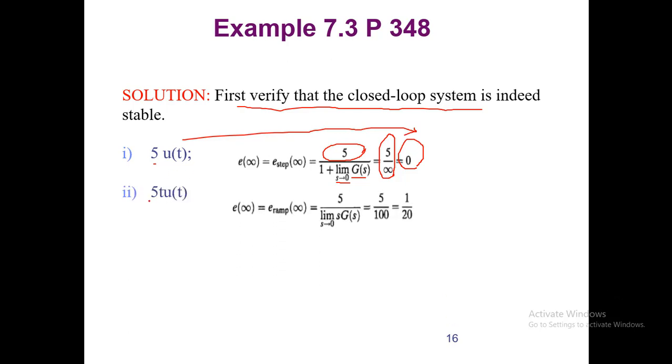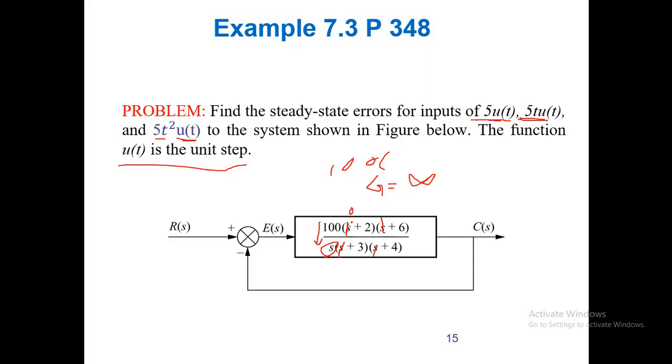Similarly, if you put the value of 5t, it means this is 5 over s. Before applying this on g of s, there is one s over here, and there is 1 over s in the g of s.